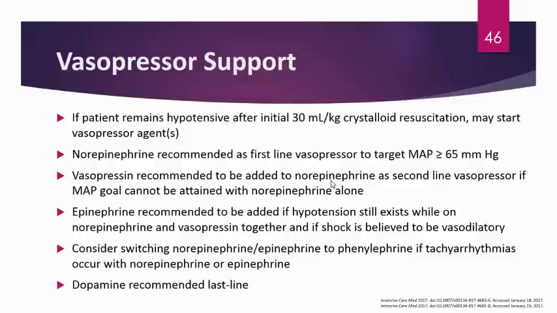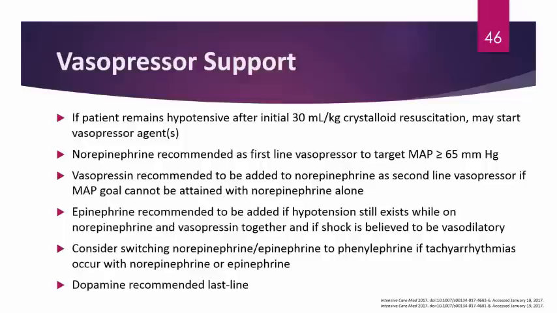Now, once you have already exhausted your norepinephrine and vasopressin, that's when you need to start asking questions. Is your patient's shock still vasodilatory and related to sepsis? Is it cardiogenic and potentially related to some kind of decreased cardiac output or cardiac index or impaired oxygen supply and demand?